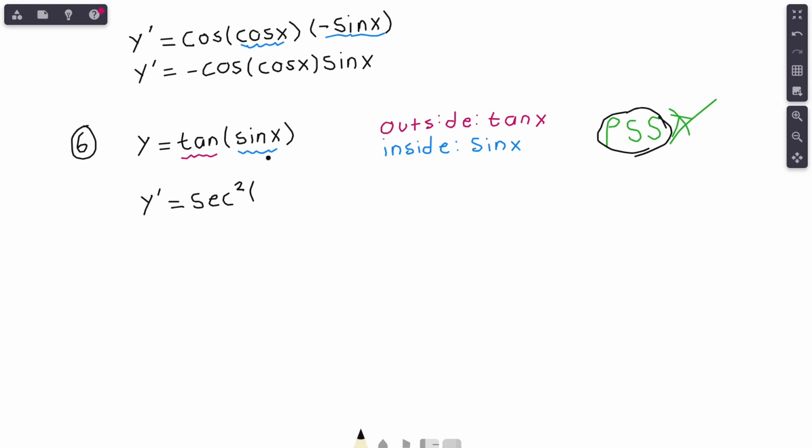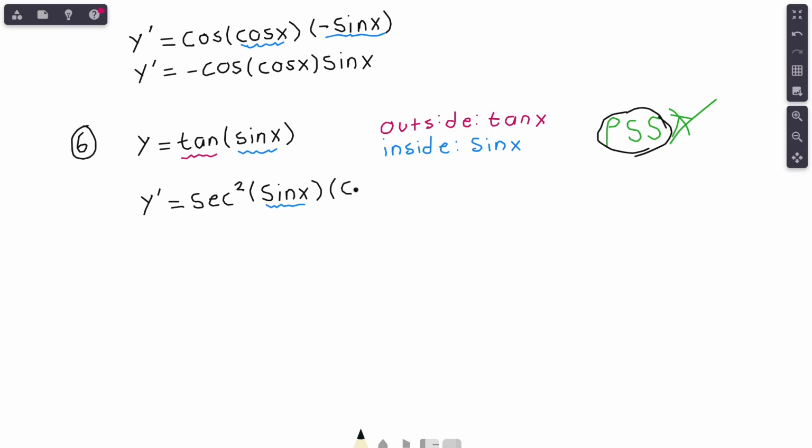And then we always leave the input the same. And then we got to multiply by the derivative of the inside. So multiply by the derivative of sine x. So the derivative of sine x is cosine x.